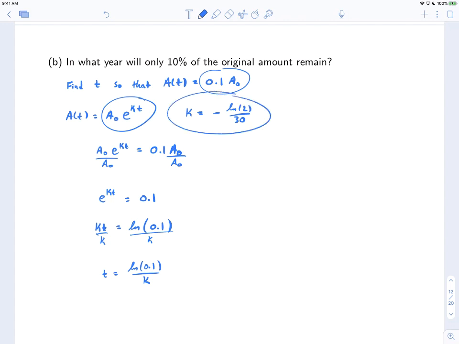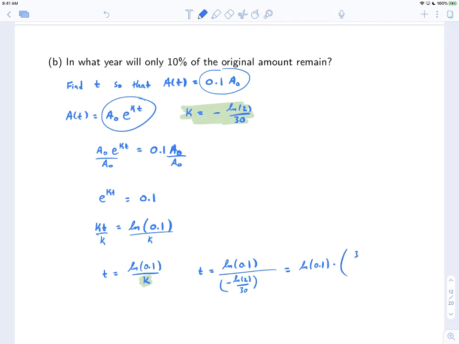So we take this value for k and plug that in here. So t is equal to ln of 0.1, and all of this is divided by the opposite of ln of 2 over 30. Or if you prefer, you can write this as ln of 0.1 multiplied by the reciprocal. So it's 30 over minus ln of 2, like so.